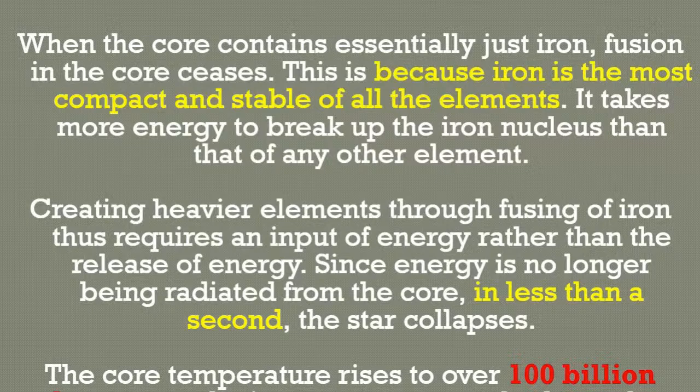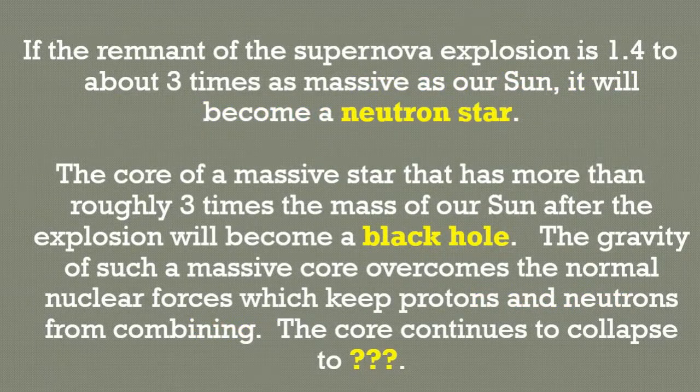Okay, so we get the supernova, and the supernova, of course, blasts everything out except the remainder core. So we blast out all these elements into space, and they become part of new stars like our sun. And if it's only 1.4 times as massive as our sun, that's the leftover core, not what we started with, but the leftover core is still bigger than our sun.